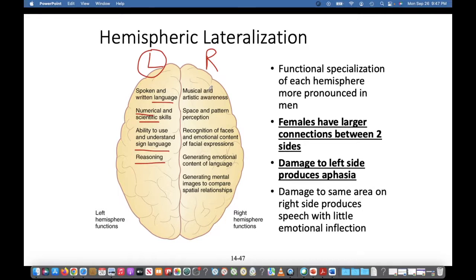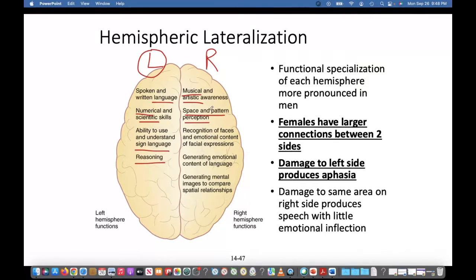Your right side is more artistic and creative, more musical, more art, space and pattern perception. Like some people can look at a room and go, oh, the couch will look better there, or a nice picture and plant will go there, or they color coordinate very well and know how to dress and match everything, where some people are really bad at that, right? It tells you which side is more dominant.